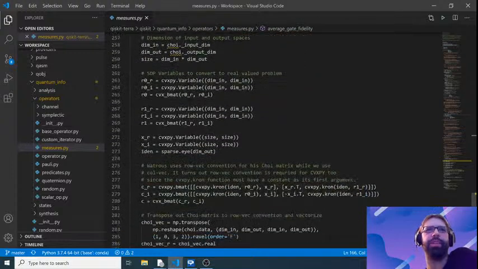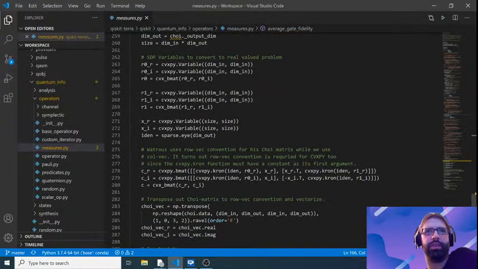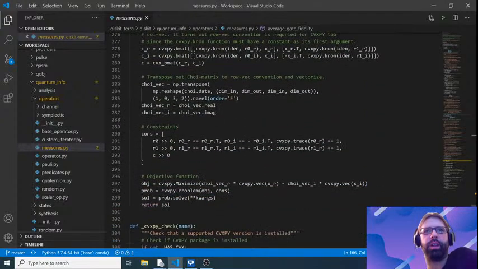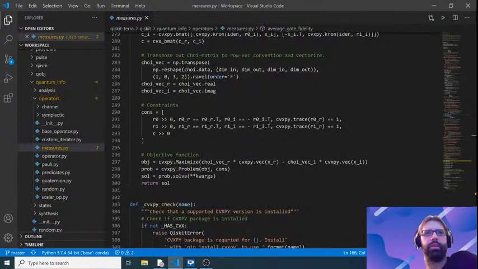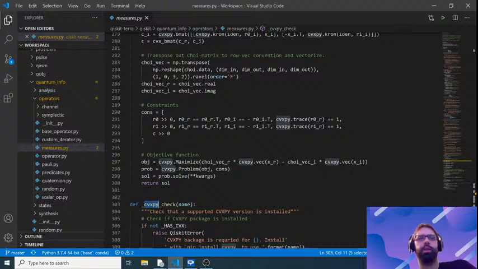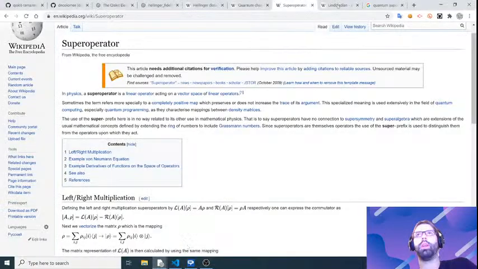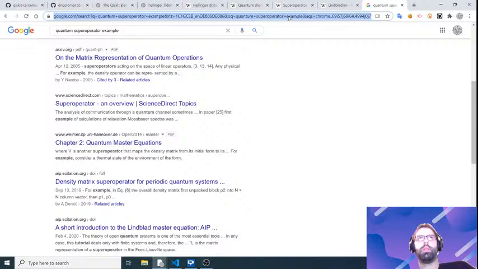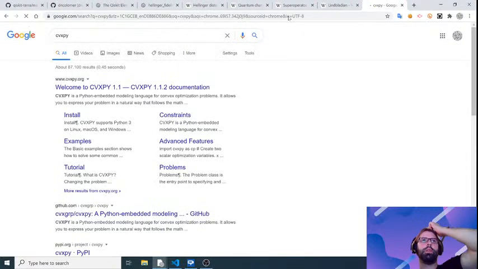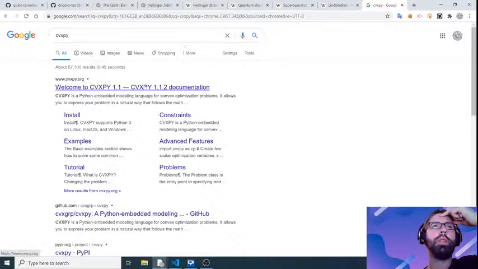I didn't expect all of these. What are these? CVXPY. Is this an abbreviation or an actual thing? Oh, it's a Python embedded modeling language for convex optimization problems. It allows you to express your problem in a natural way. Okay.